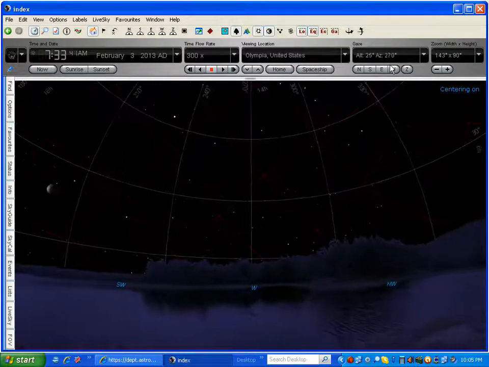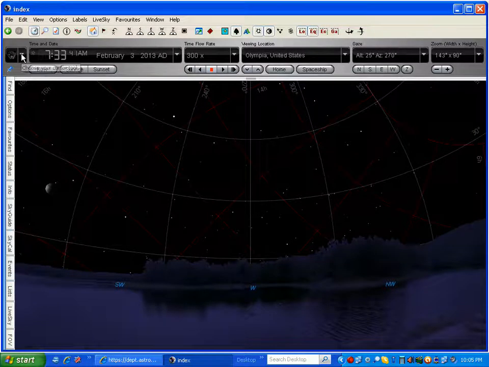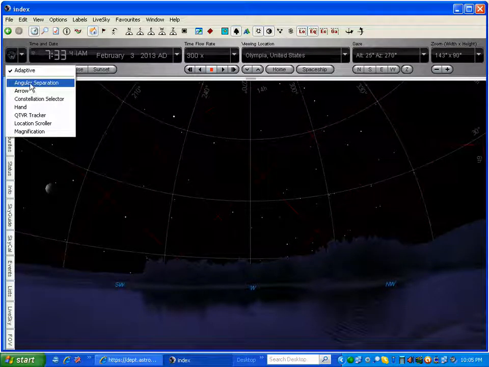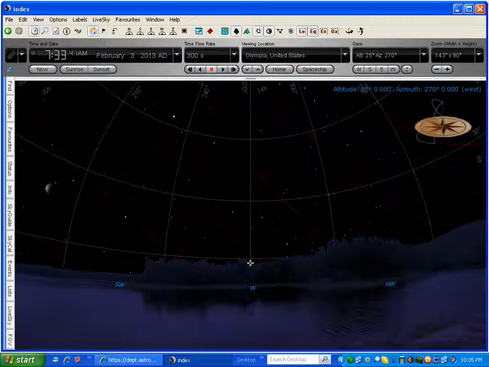We don't even need the sun for this. What they say to do is come up here and select the angular separation tool and come to the horizon and pick out the local meridian that's right through the west point.